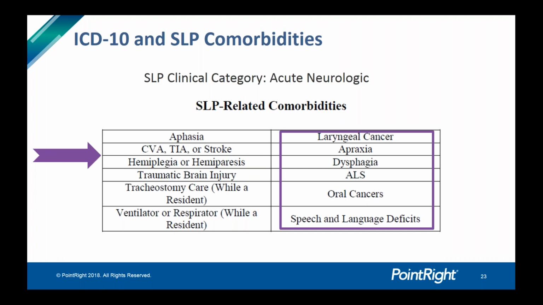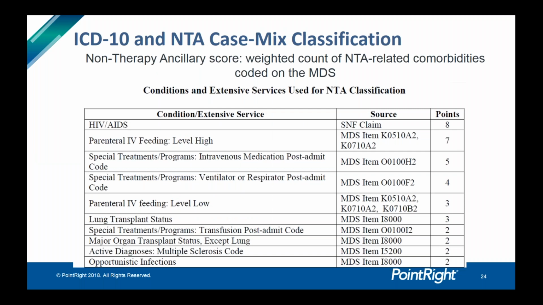These are not driven by ICD-10 codes. It's actually specified that you need to check off the checklist item in section I to capture those comorbidities. So you might have a primary diagnosis on the right-hand side and one or more other comorbidities that are checked off in the checklist. Those add up, as we'll see in the speech-language pathology payment component.